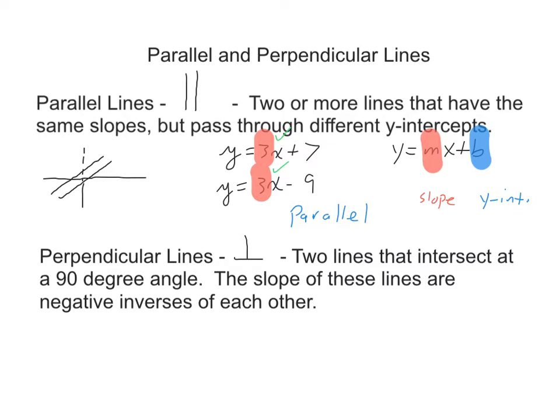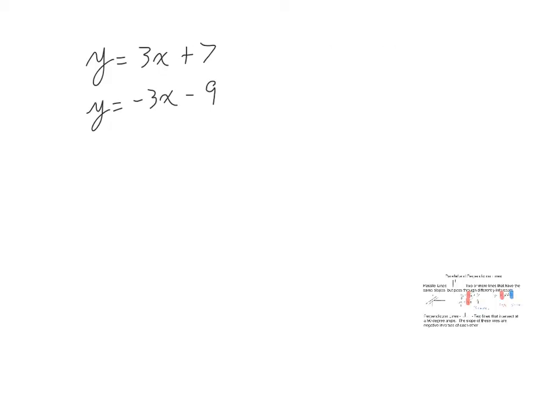So, for example, if I were to use these two equations, that looks almost like I've used the same two, but if you look closely, I've changed the slope on this second one.